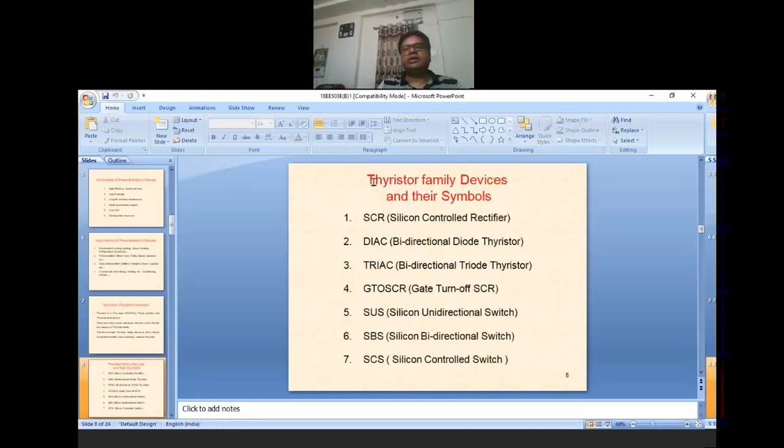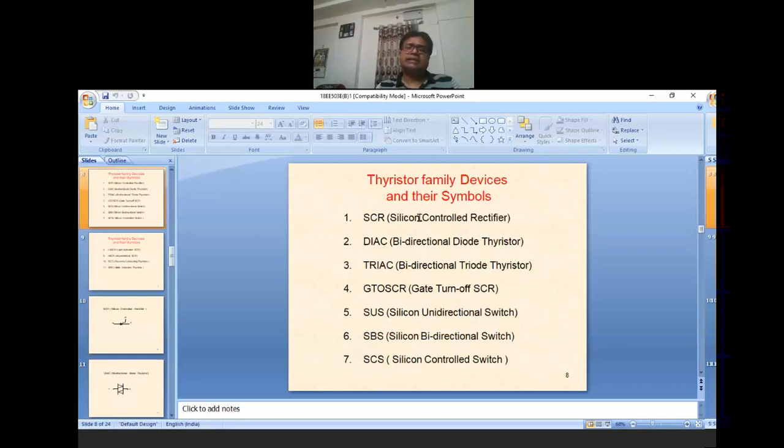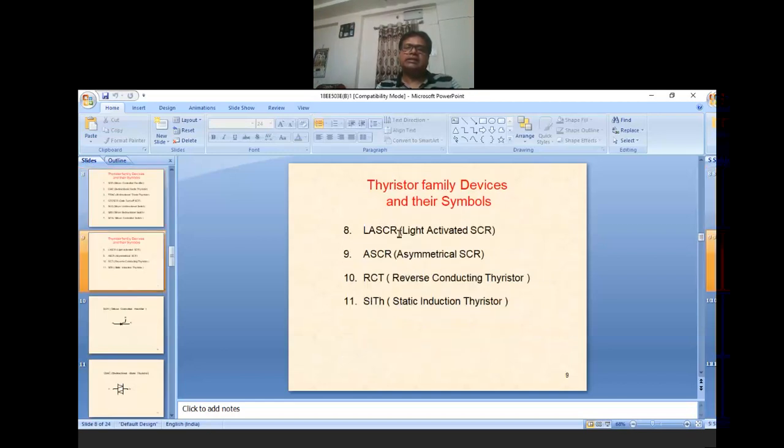The thyristor family devices and their symbols are listed in the following slides. They are SCR, DIAC, TRIAC, GTO-SCR, SUS, SBS, SCS, LASCR, ASCR, RCT, and SATH.